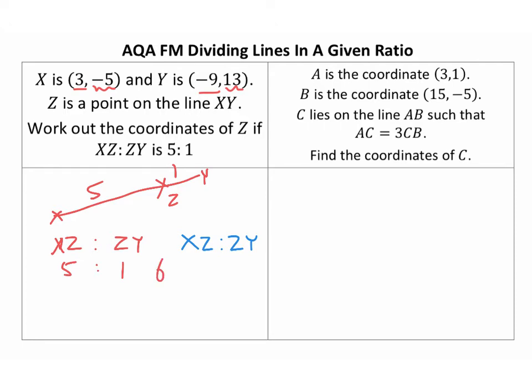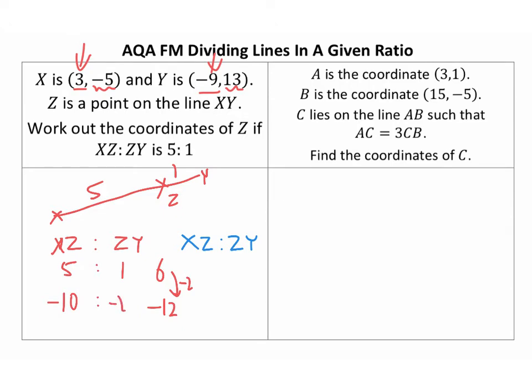Now, for the x coordinates, the difference is 12, or minus 12, isn't it? So I've got to multiply by minus 2, so it's gone minus 10 and minus 2, which is a total of minus 12.